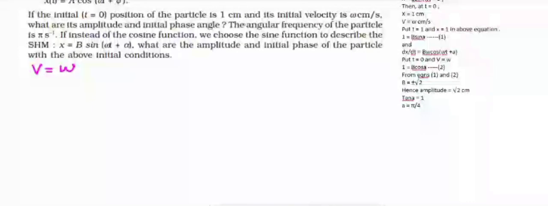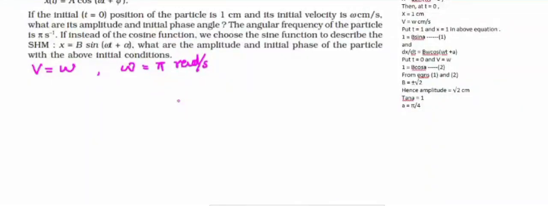What are its amplitude and initial phase angle? Angular frequency of the particle is pi radian per second.